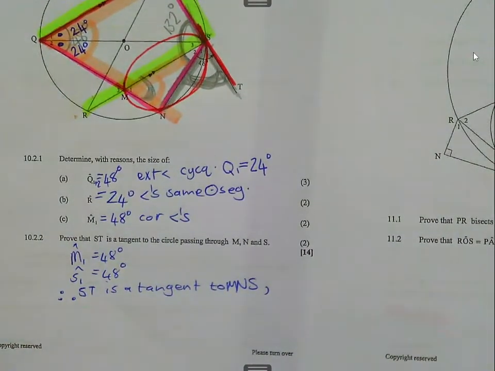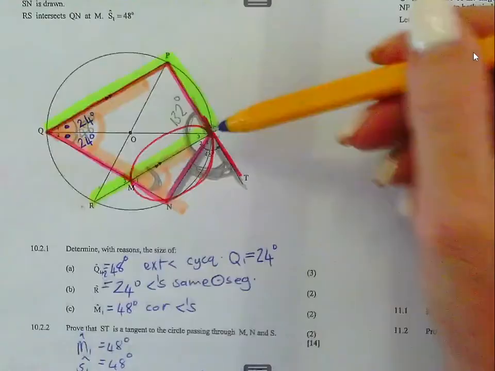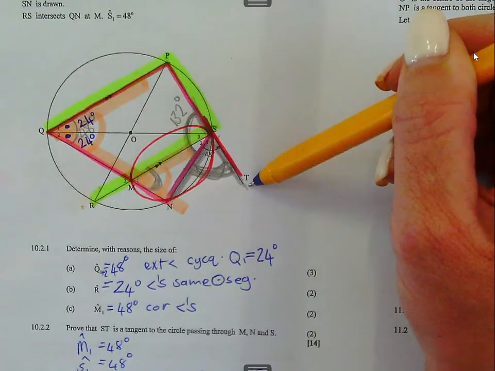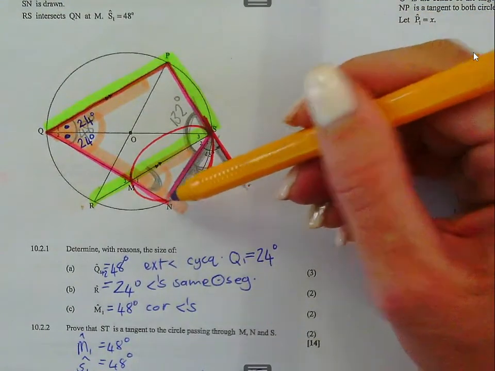And now my reason why. Now you're going to say, without using the words, the angle between the tangent and the chord is equal to the angle that the chord subtends. But you're not allowed to say tangent and you're not allowed to say chord. Because tangent is part of a circle and chord is part of a circle. So instead of saying tangent, I'm going to name it ST. Instead of using the word chord, I'm going to use the line NS. That's all.